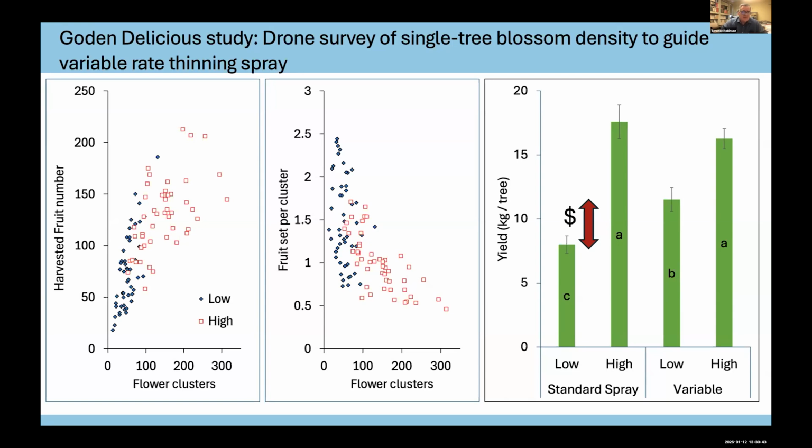That categorization from the beginning ended up at harvest with different numbers of fruit per tree. The low blooming category tended to have fewer fruits, and the high blooming category tended to have more fruits, even though we sprayed the high blooming category with the variable rate spray, and the low blooming were not sprayed as we drove the sprayer past those trees.